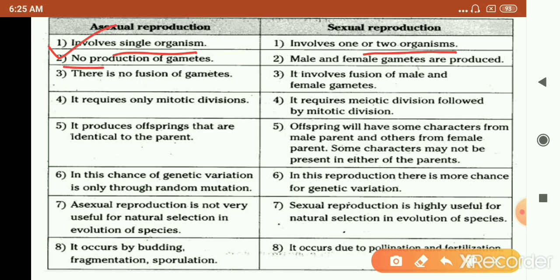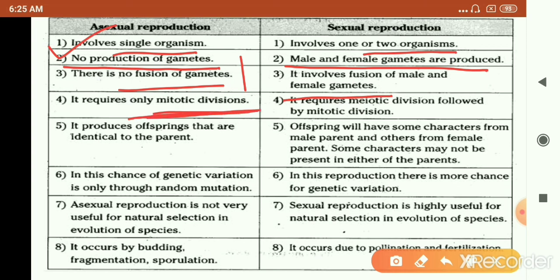There is no formation and fusion of gametes in asexual reproduction, but sexual reproduction involves gamete formation and fusion. The organisms are produced by mitosis in case of asexual reproduction, but in sexual reproduction, gametes are produced by meiosis, where the chromosomal number becomes half.